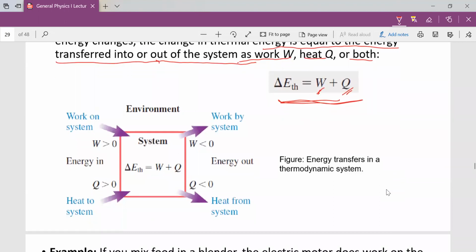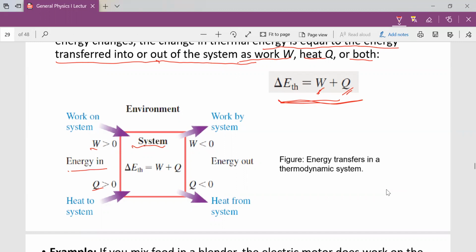So we'll see a typical system that is interacting with its environment. We see it's exchanging heat and work with the environment. When the system itself is gaining, we say it's positive. So work is greater than 0, heat is greater than 0. They both go into the system, so they're bringing energy into the system.